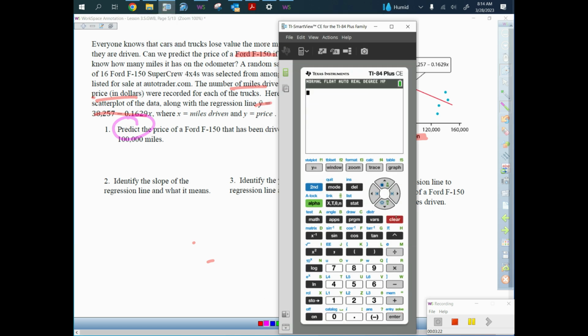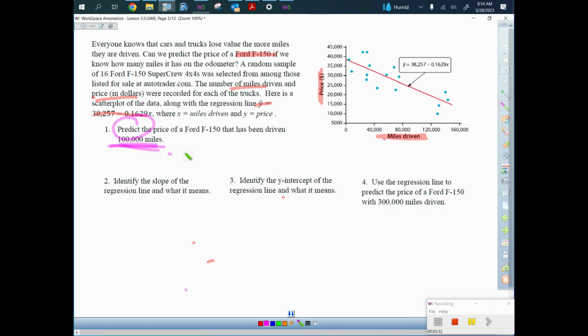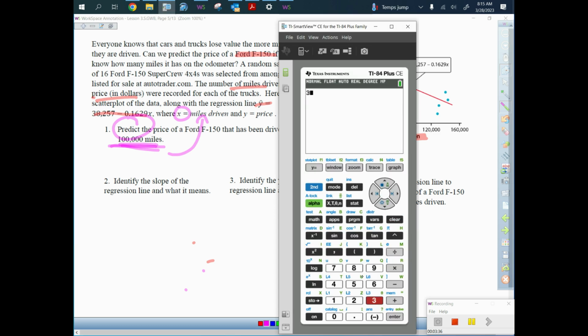In class today we're using Mr. Bonesteel's calculators because you can see what's going on really easily. All we have to do is put 100,000 in for miles, which is x in this scenario. Let's punch that in together. 38,257 take away 1629 times 100,000.